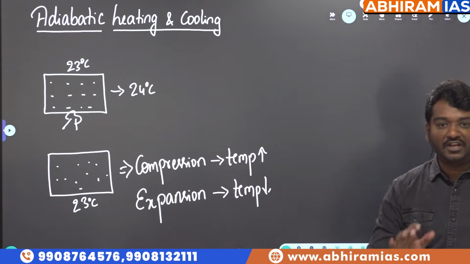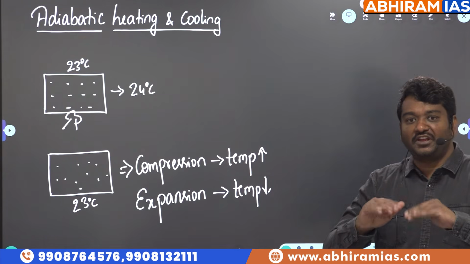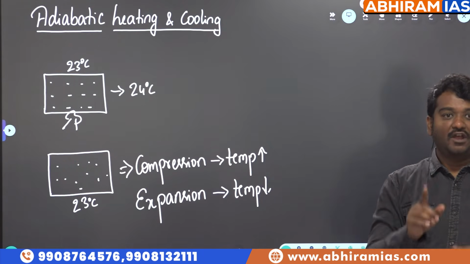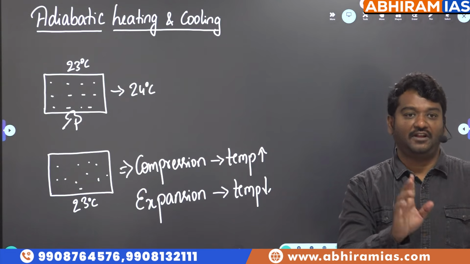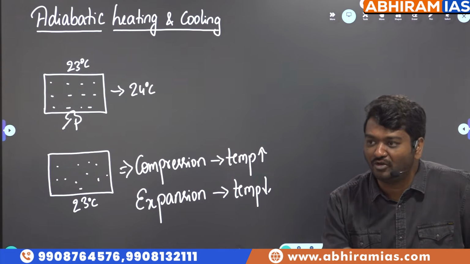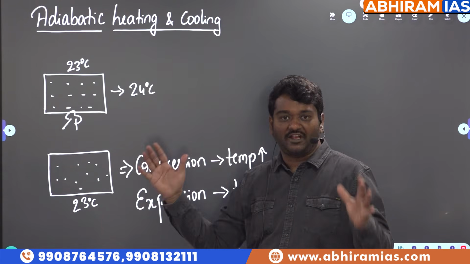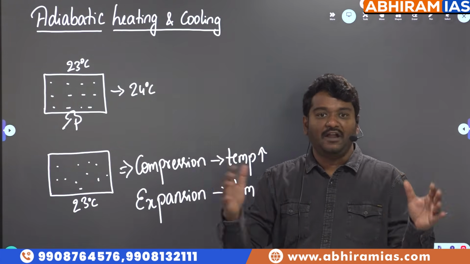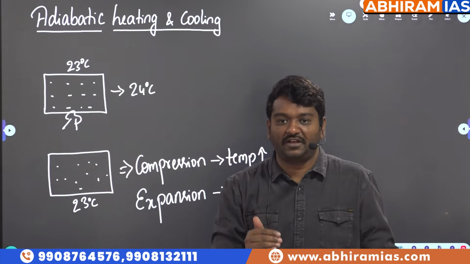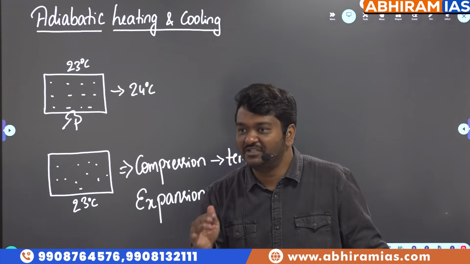Now, what is the point? In nature, anywhere, if temperature increases or decreases without providing external heat, then it is called adiabatic heating and cooling. Without providing external heat, if I compress or expand, temperature increases or decreases.